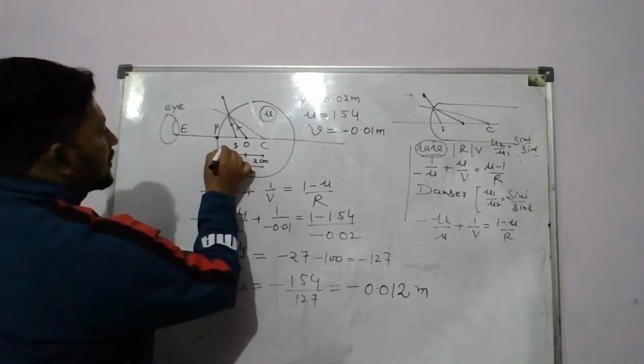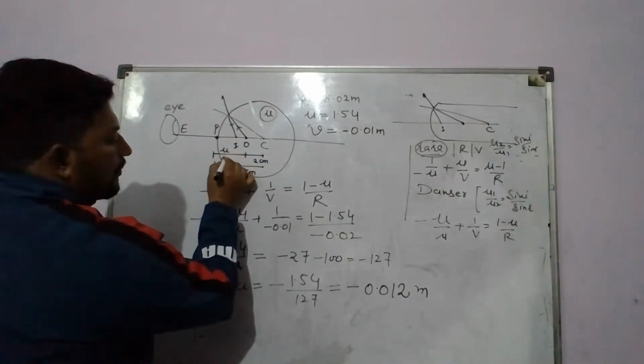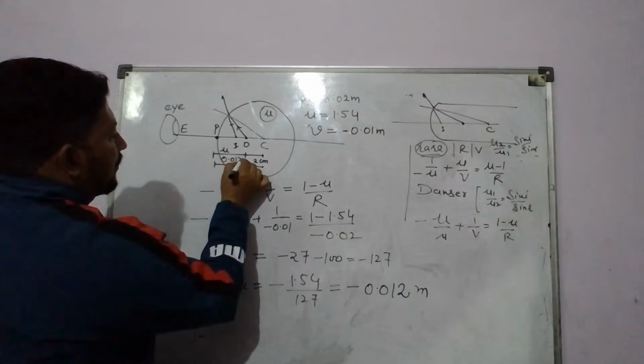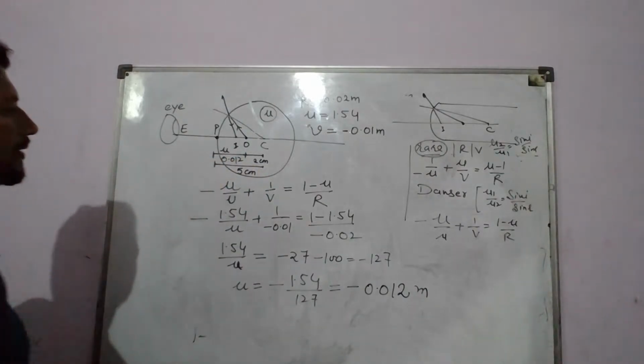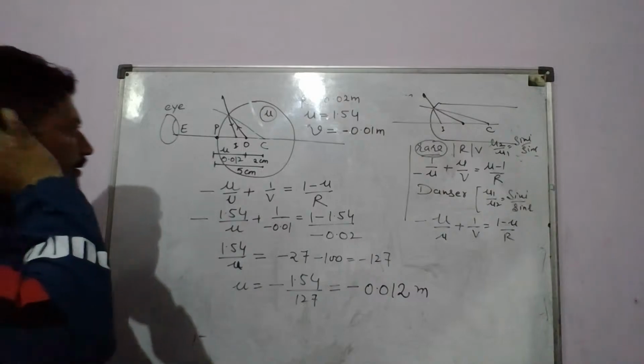So this distance from the pole, 0.012, is given. So this is the concept.